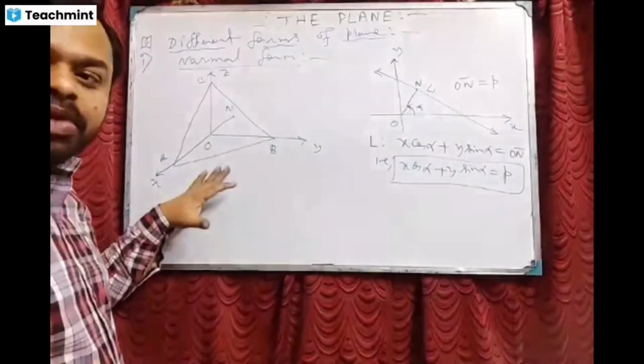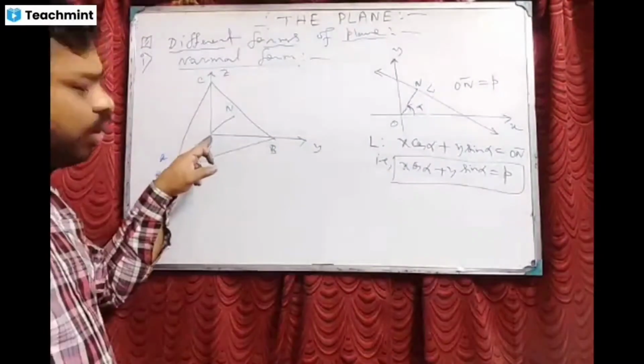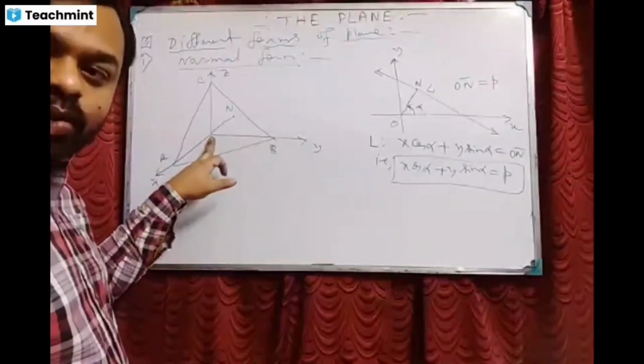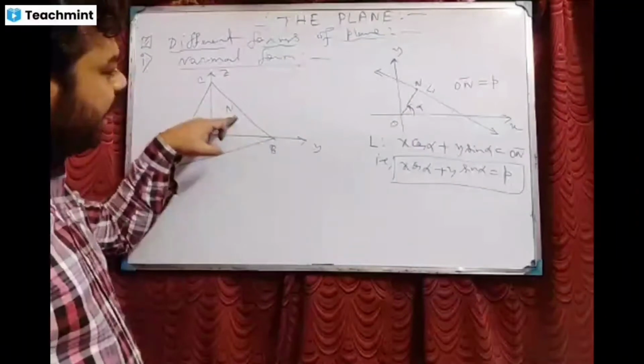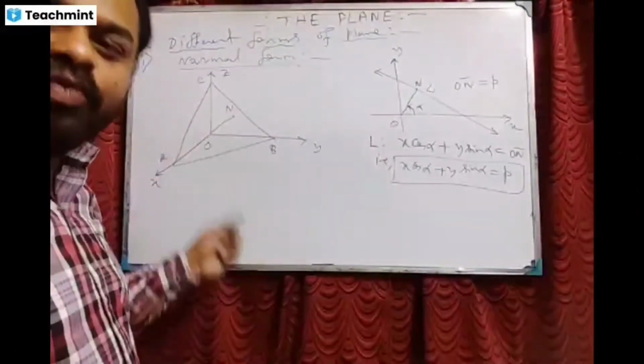This is a 3-dimensional figure. So draw ON perpendicular from the origin to the plane. That is, N is the foot of the perpendicular drawn from the origin to the plane.